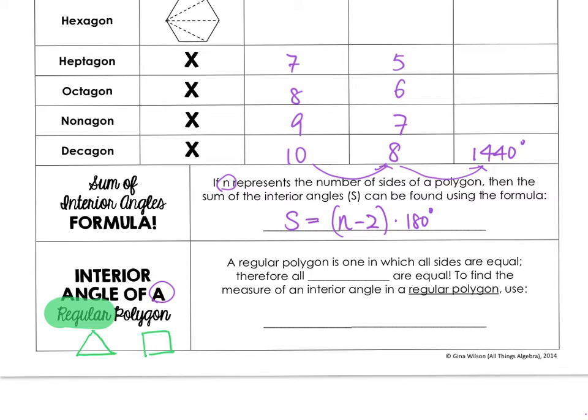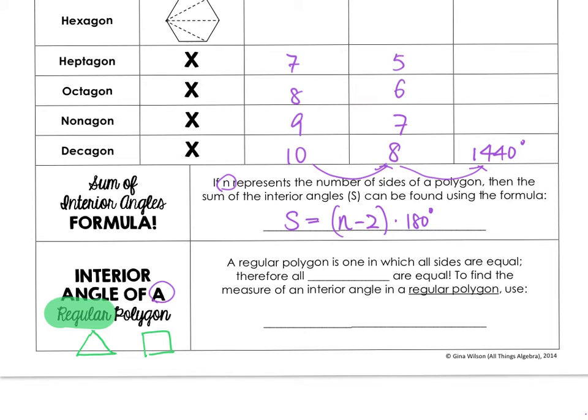An equilateral triangle is a regular polygon. All sides being equal is the definition of a regular polygon. We know how to calculate the sum, and now we can actually calculate just one angle of that. So let's look at this.